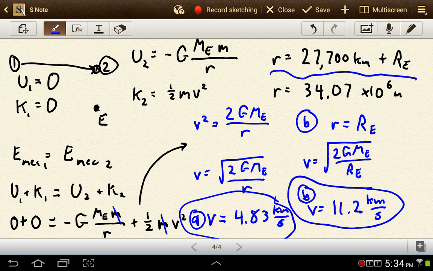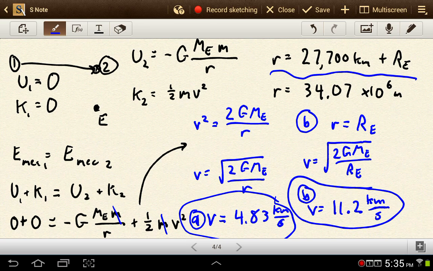And that's the nature of conservative forces. The only force we have going here is gravity. And with a conservative force, you can basically run time backwards or forwards, and you'll get the same thing happening. So the fact that the asteroid would hit at 11.2 kilometers per second is not a coincidence. It's exactly the same as the Earth's escape speed because the physics is the same.